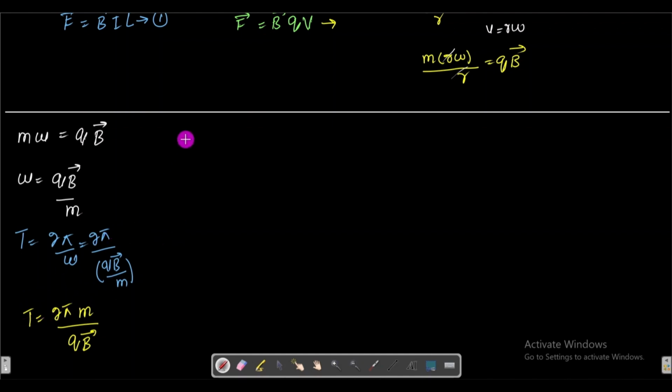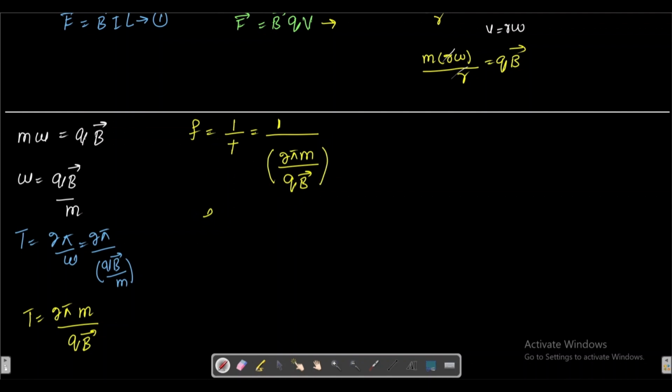Now the frequency for that is given by F is equal to 1 over the time period, and it becomes 1 divided by 2 pi m divided by q and the magnetic induction.